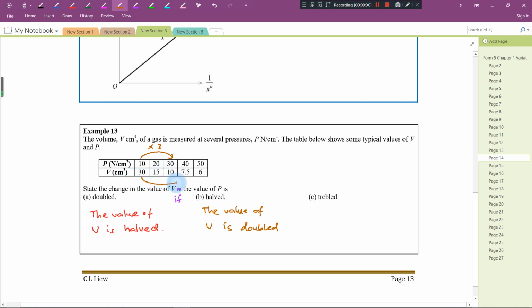It will be divided by 3. 30 divided by 3, you will get 10. So the value of V is multiplied by 1 over 3.